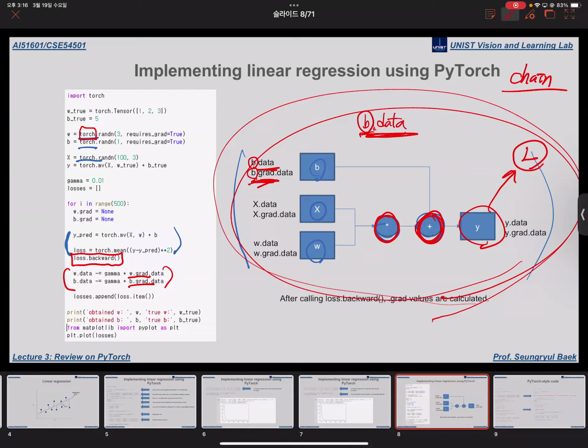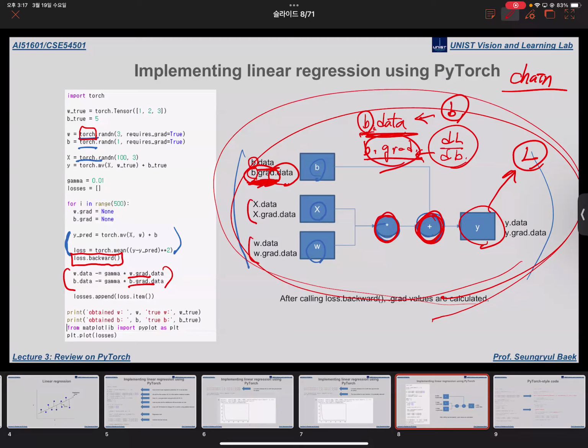But b.grad has the gradient value, actually dL/dB. And b.data has the value of b. Okay, so b.grad is also a PyTorch variable, so you can access b.grad.data to access this value. Okay, and for other variables, it's the same.